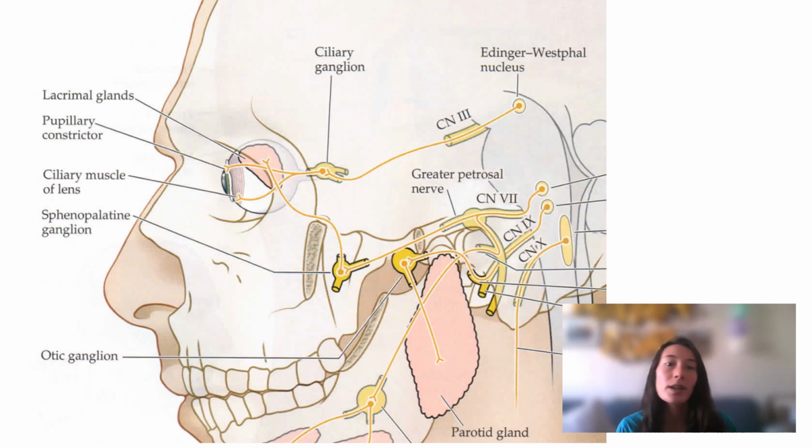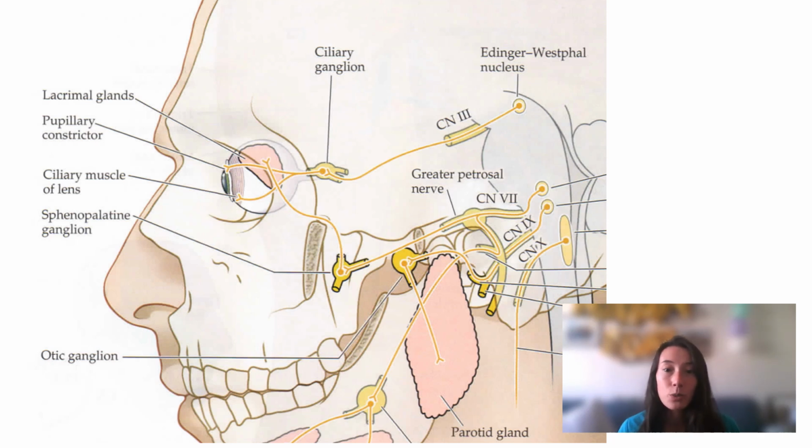It'll then make its way to what's called the ciliary ganglion, and this is where that synapse occurs between the preganglionic and the postganglionic fibers. The postganglionic fibers will make their way to their respective sites, which in this case are the pupillary constrictors and the ciliary muscles of the eye.